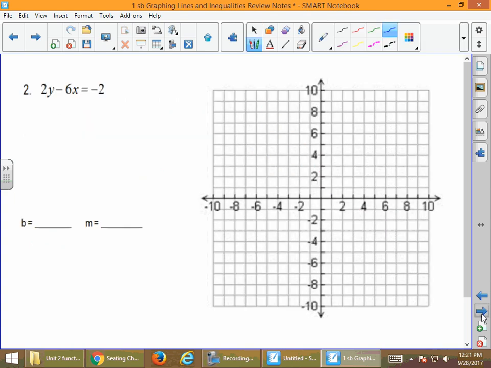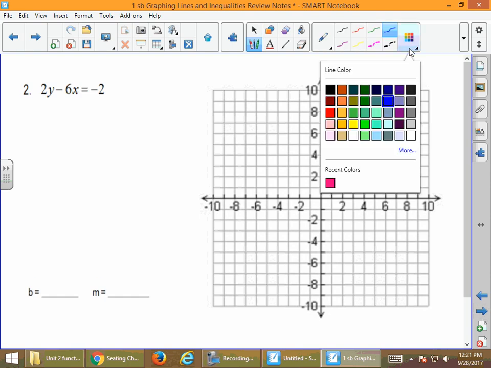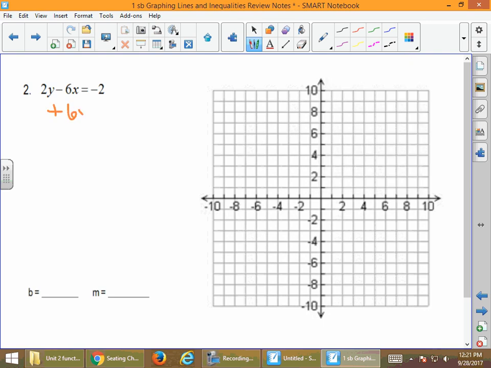When we look at problem number 2, remember what the direction said. We may need to solve for y first. So on this particular problem, we need to solve for y. We are going to add 6x to both sides. We get 2y equals 6x minus 2.